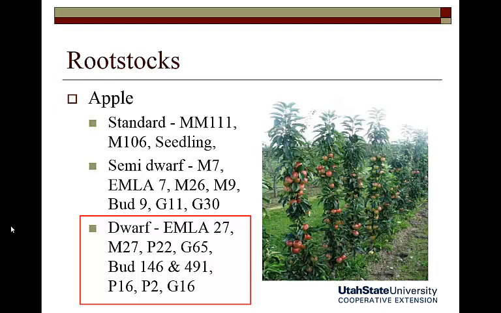They don't branch out wide, and they stay pretty much about like that. Now, am I going to harvest bushels and bushels of apples off of that? No. Am I going to get 10, 12, 20 apples? Yeah.